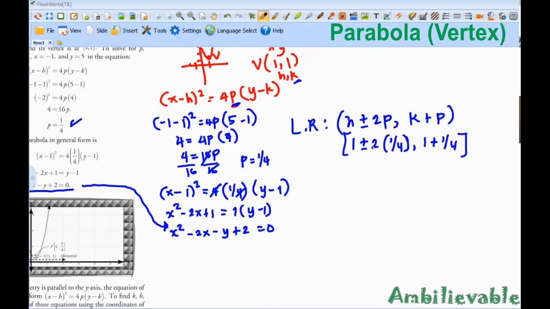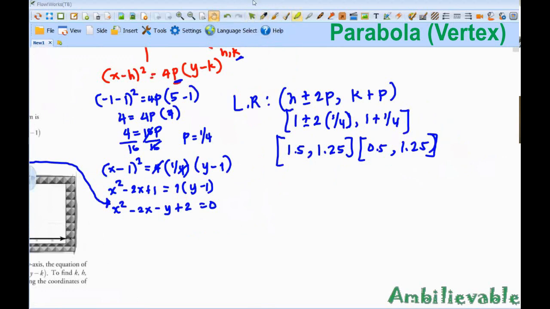So therefore, we have 1 plus 1/2 is 1.5, and 1 plus 1/4 is 1.25. And we have 1 minus 1/2 is 0.5, and 1 plus 1/4 is the same, 1.25.